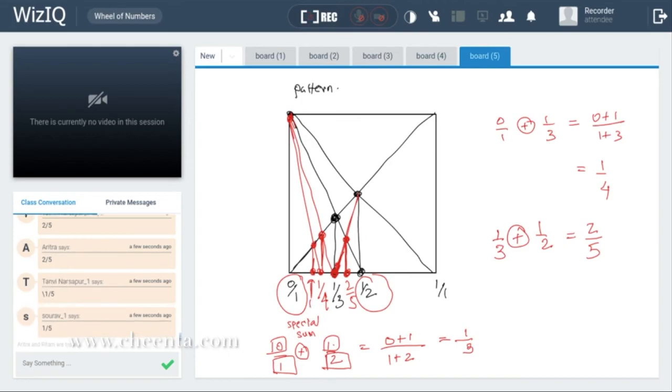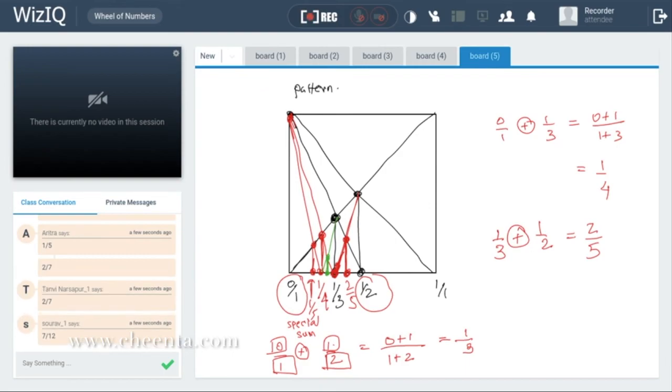It will be 1/5, exactly. Okay, can you guess what this point will be? So you join 1/4 with this and then drop a perpendicular. It will be 2 by 7, indeed.